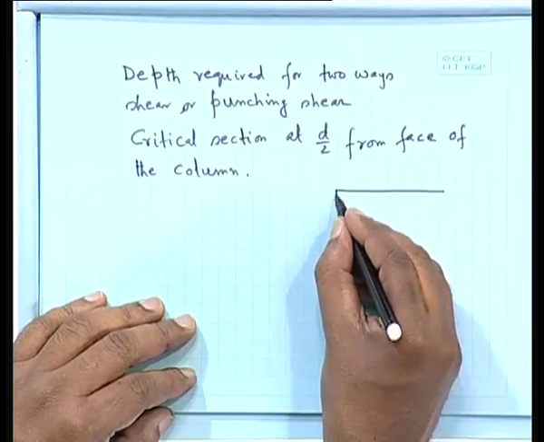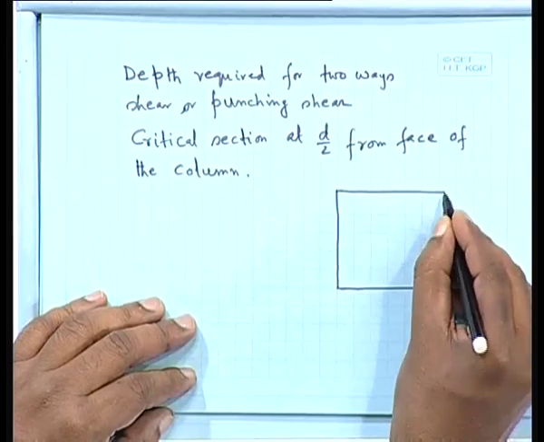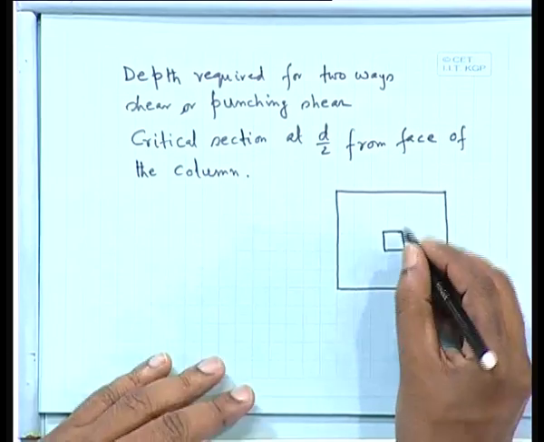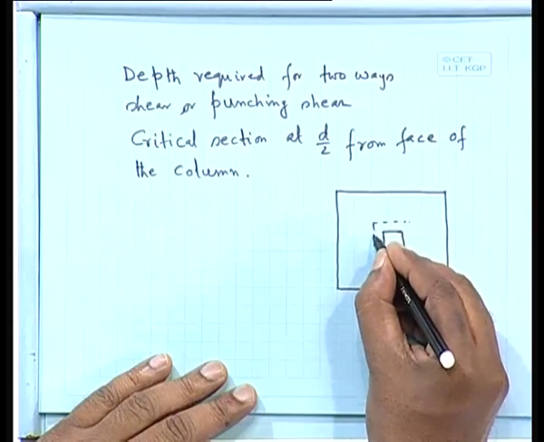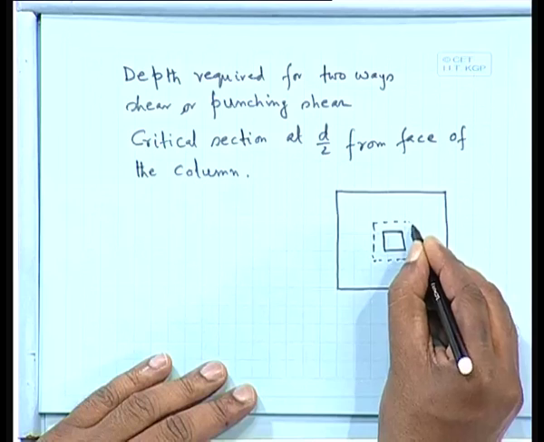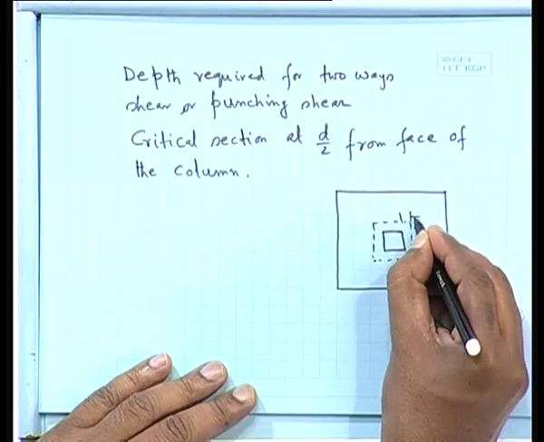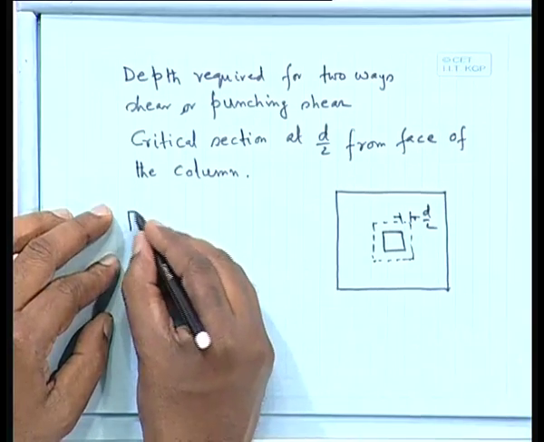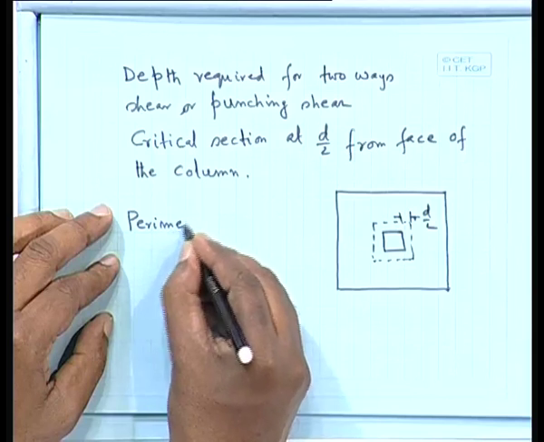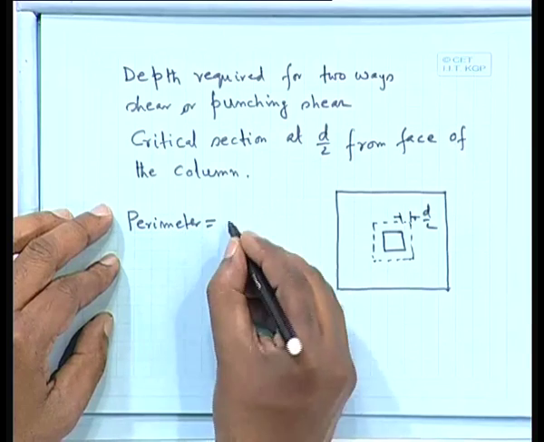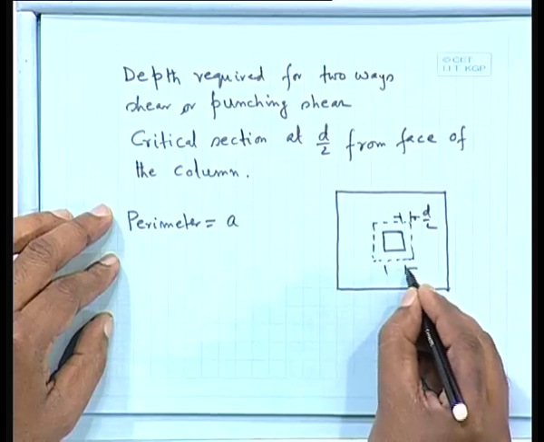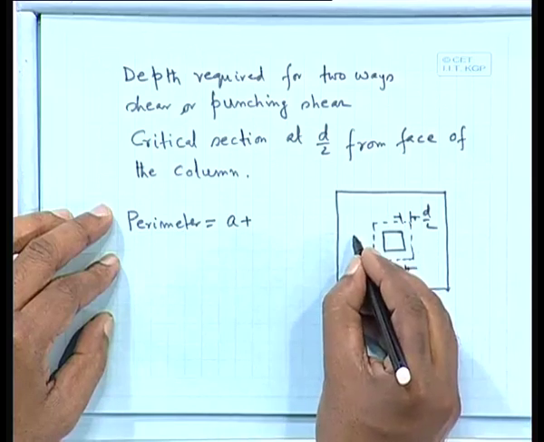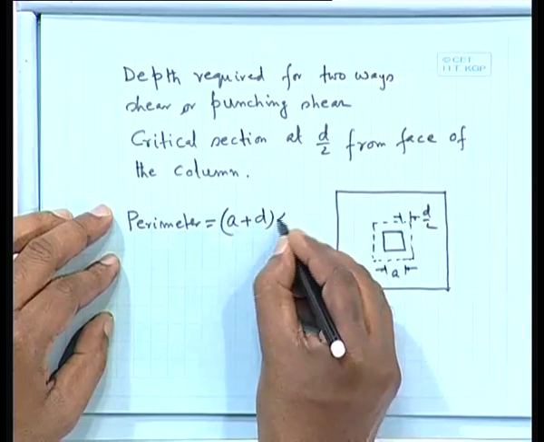Let us draw a figure here. This is the critical section and this is at a distance D by 2. What about the perimeter? This is A, so A plus D, times 4.